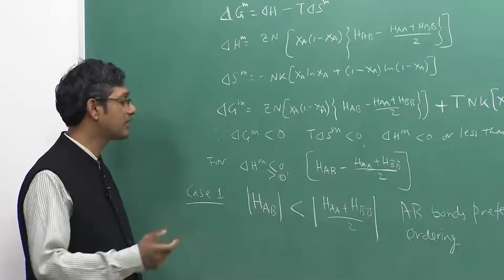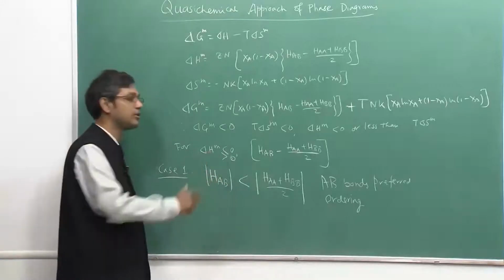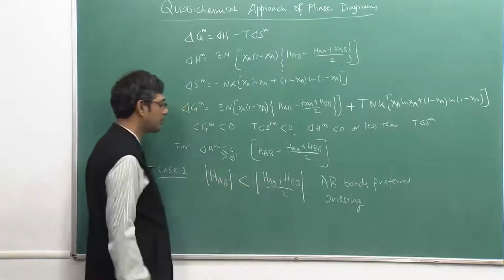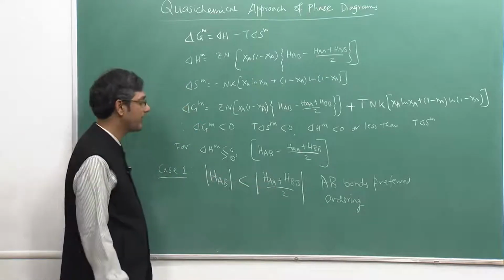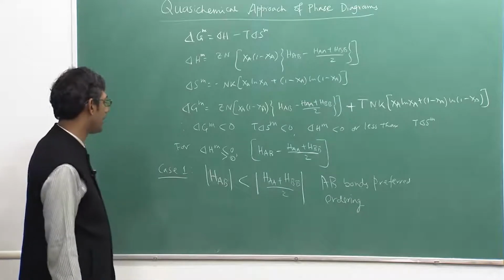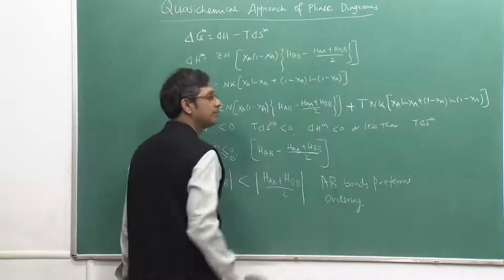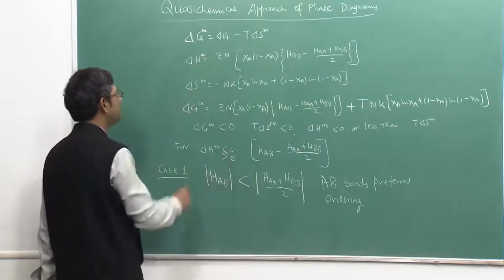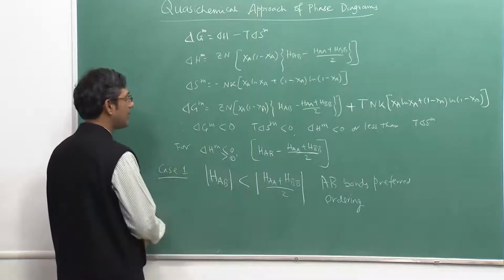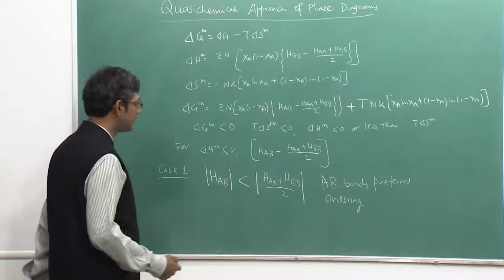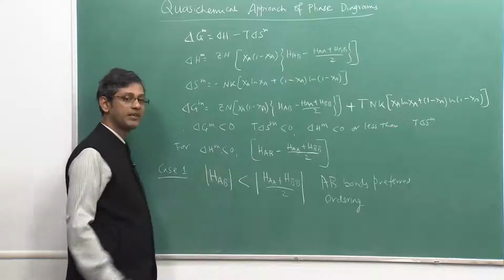For that, this is the situation. The bond energy for AB is lower than the average bond energy of AA and BB. Is it clear? Whatever the situation, this will be negative, and because this is negative, delta Gm is also negative, and delta Gm negative will be giving you the stability of the phase.